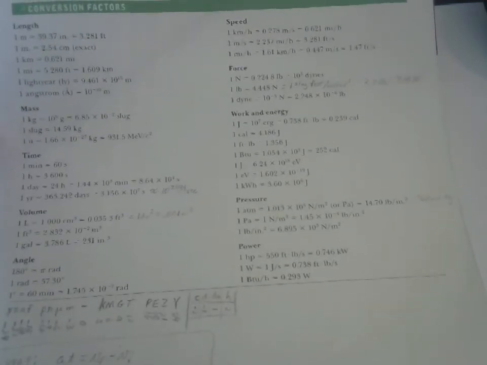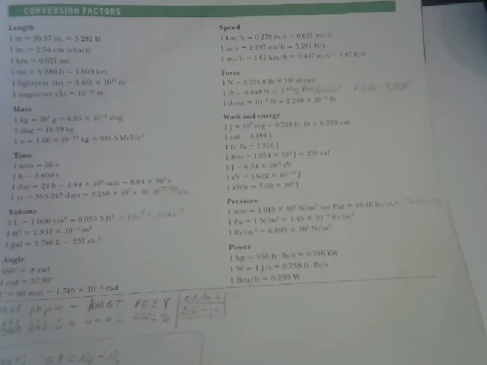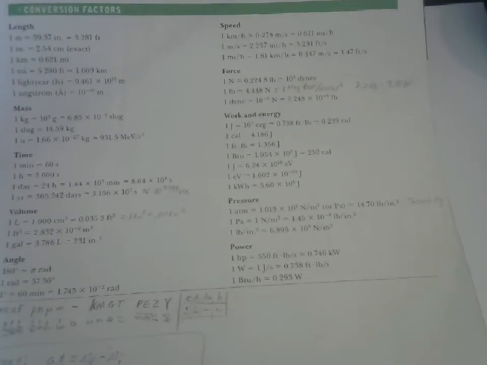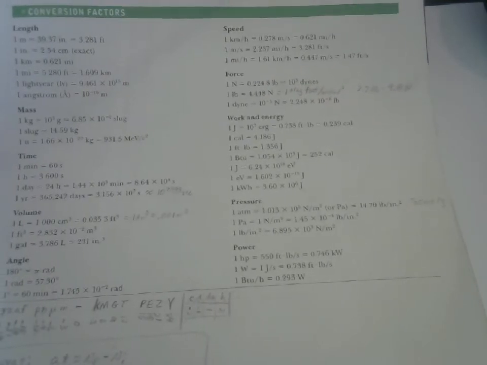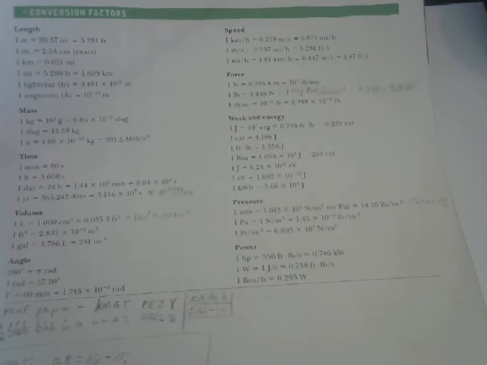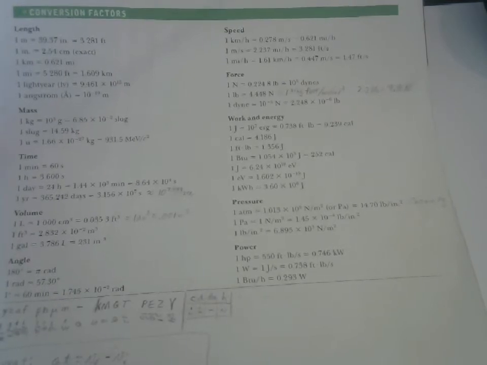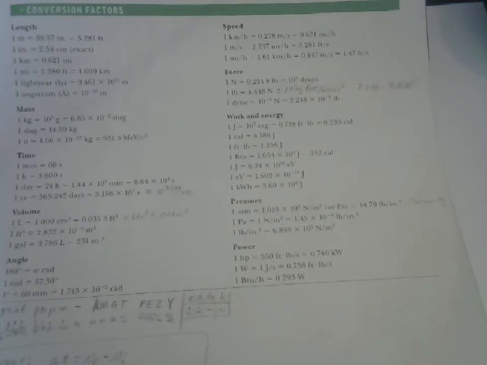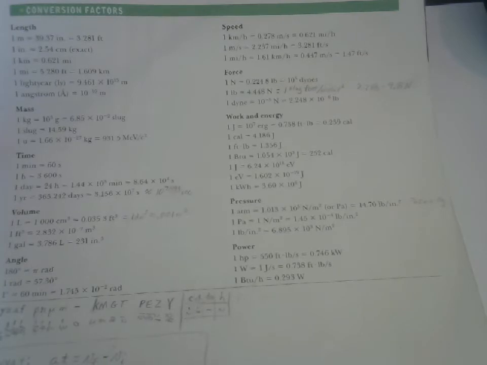You'll notice I've added over here 2.2 pounds equals 9.8 newtons. Both of those are the weight of 1 kilogram on Earth, and 4.448 newtons is 1 slug foot per second squared.